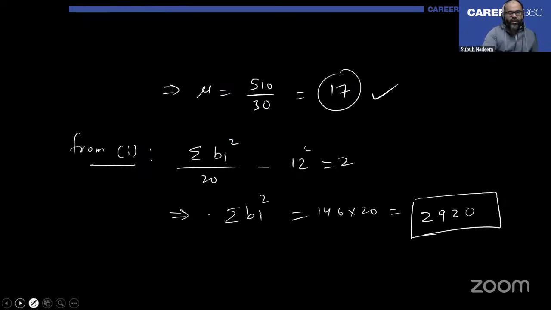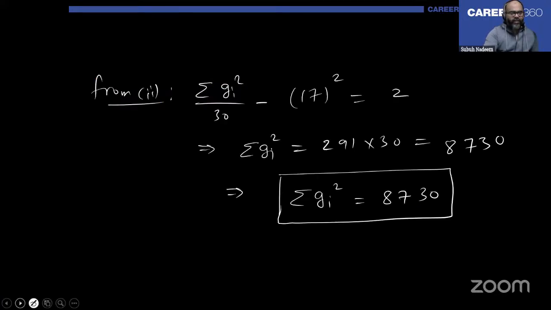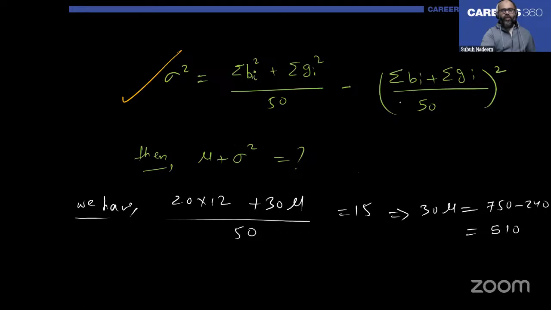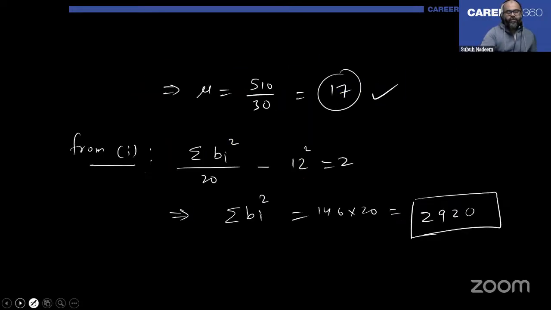First we write this: sigma Bi square is 2920, sigma Gi square is 8730, by 50, minus (sigma Bi plus sigma Gi). Sigma Bi we are getting as 12 into 20, that will be 240.